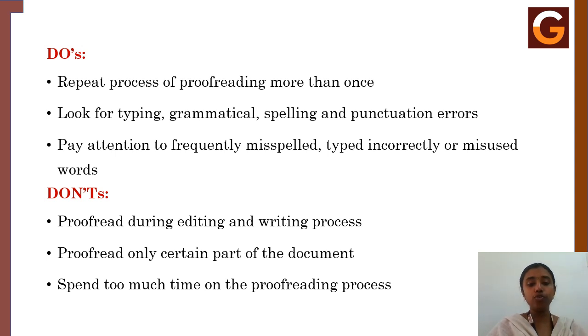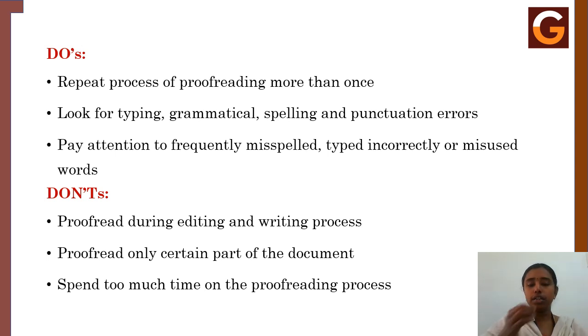And don'ts: proofread during the editing and writing process. As we saw, proofreading should always be done only at the end of the writing process, at the final draft, because you might come back to the same mistake again if you proofread in the beginning or somewhere in the middle. Also, don't proofread only a certain part of the document, and don't spend too much time on the proofreading process.